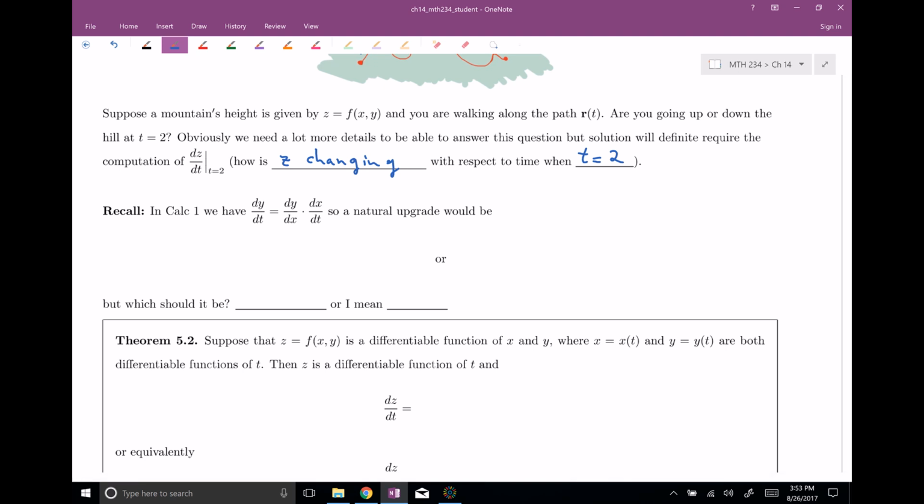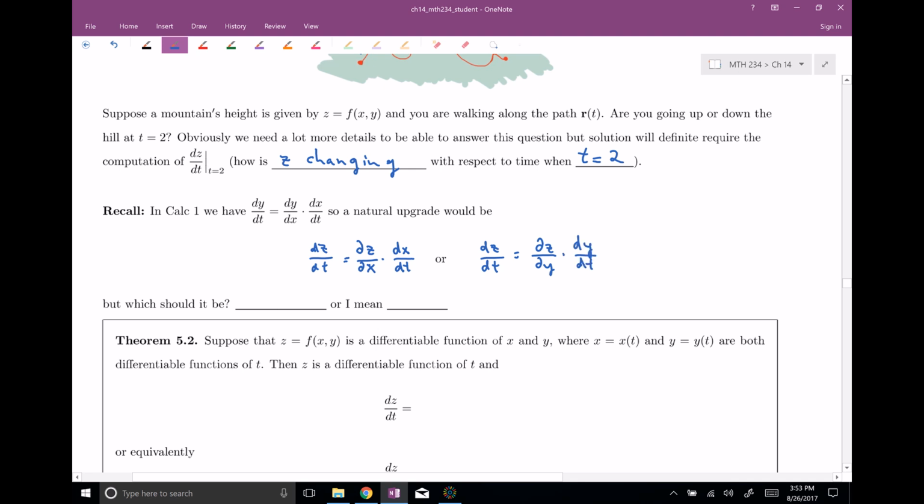So a natural upgrade is that if you want the derivative of z with respect to t, then maybe this would be the derivative of z with respect to x times the derivative of x with respect to t. Or it could be that the derivative of z with respect to t could be the derivative of z with respect to y times the derivative of y with respect to t.